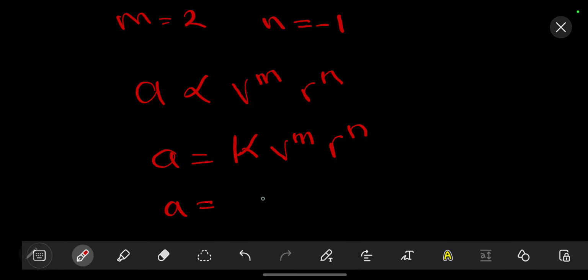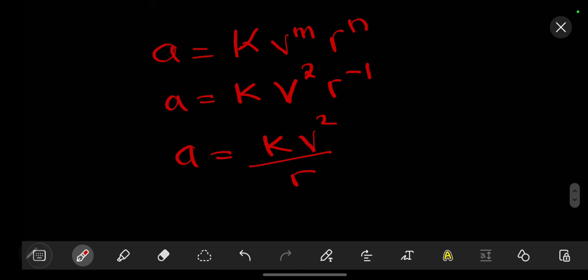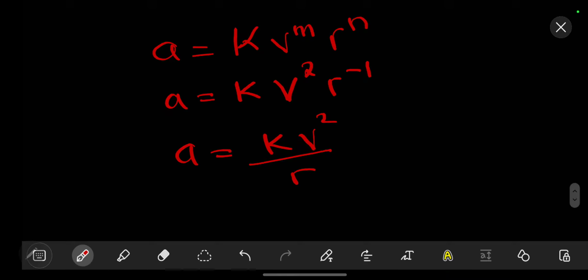So A equals K, then the velocity with m as power 2, and R is -1. So we have A equal to K V squared. This R to the power -1 can be written as over R. So this is our acceleration. So this is our formula.